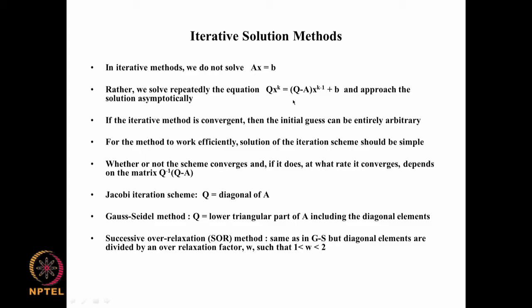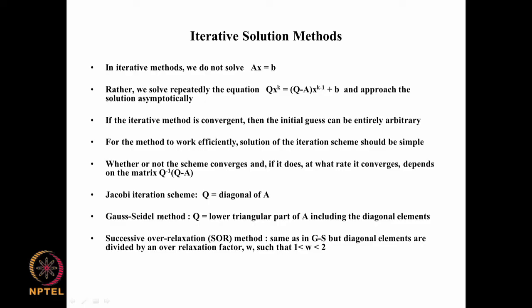Solving this n times should be easy, and solving the set of these n equations iteratively, the number of iteration steps should also be small, or the rate of convergence should be fast. If we have all these things, then we have an effective way of computing Ax equal to B. Even though it is going to approach the solution asymptotically, we still have an effective method that can be used.